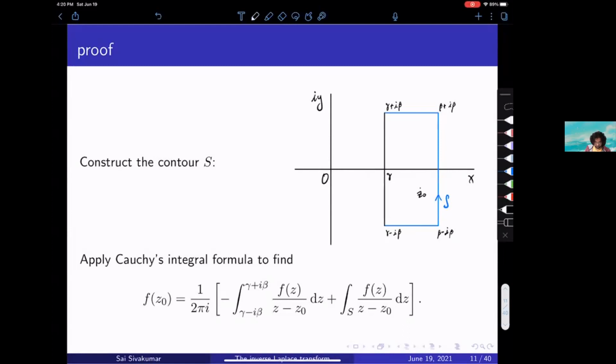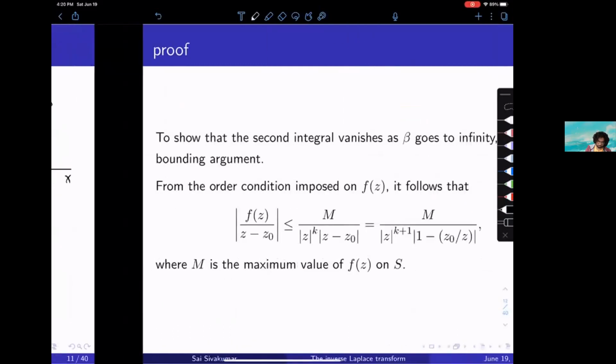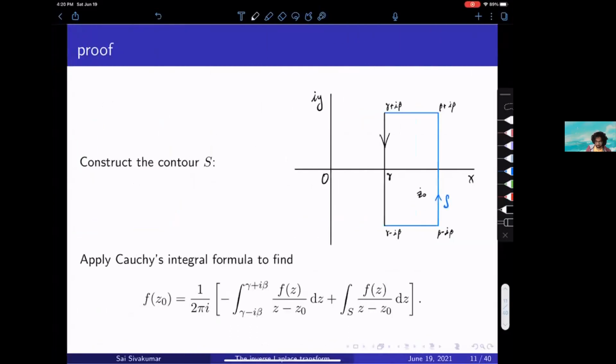And the 2 pi just sits in the front. So we have minus the integral over the line, and the minus again because instead of going from bottom to top, we're going top down. And this is reflected in the bounds. This is of f of z over z minus z naught, which is over here. It can be anywhere inside the box. And then we add on the integral over s, s being the blue part.